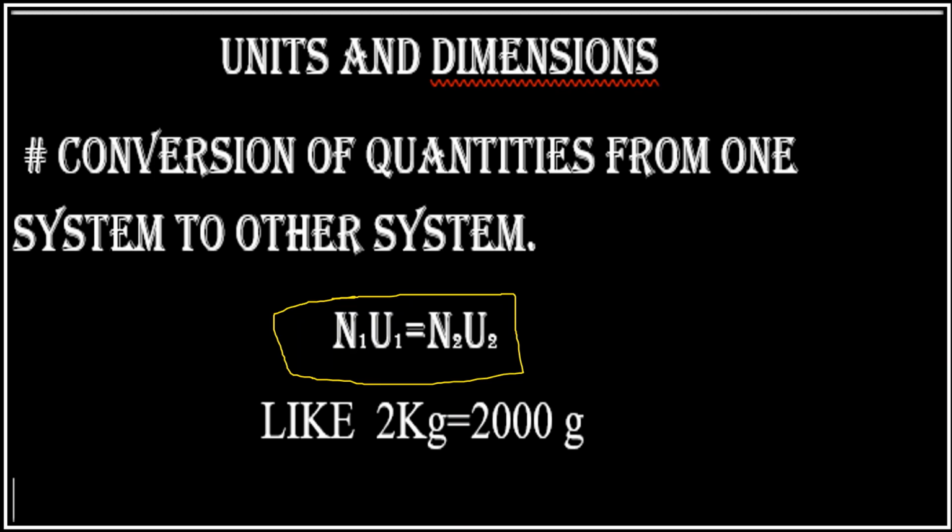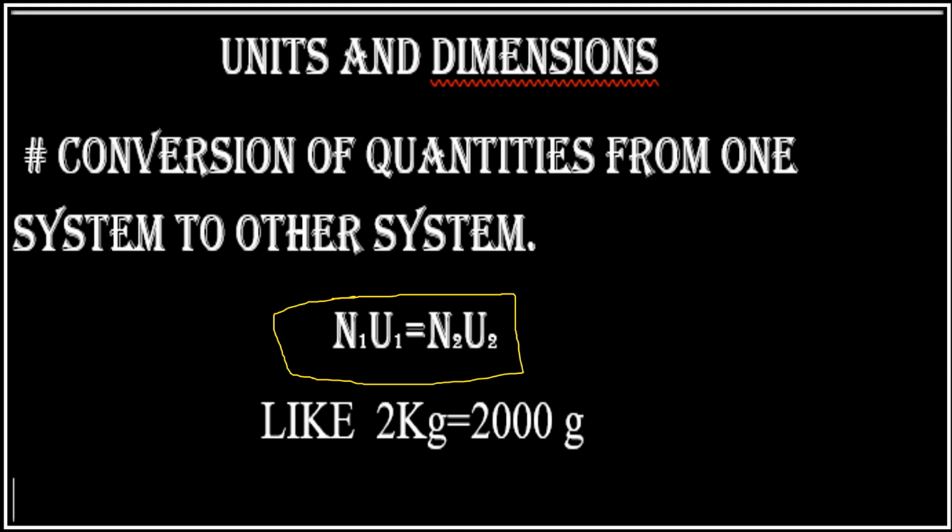Here N1 represents a quantity, U1 represents a unit, N2 represents a quantity, U2 represents a unit. U1 is the unit in one system, U2 is the unit in another system, N1 is the number or numerical in one system, N2 is the numerical in another system.